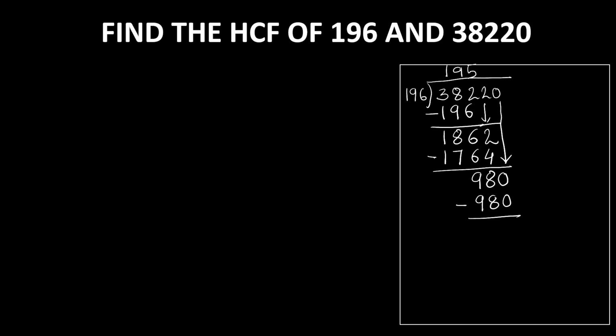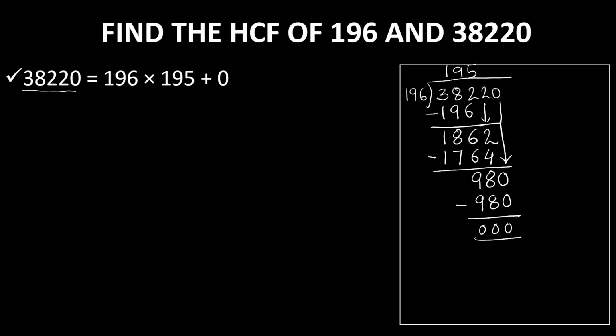And on subtraction of 980 from 980, we'll get a remainder of 0. Now, here it is a case where we got a remainder of 0 just in the first step itself. So, how are we going to write it down? We will write down 38,220 is equal to 196 into 195 plus 0.